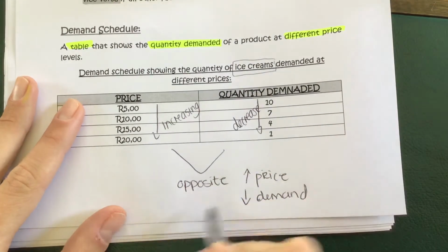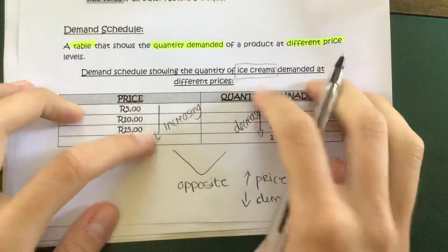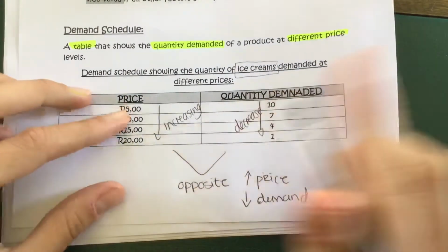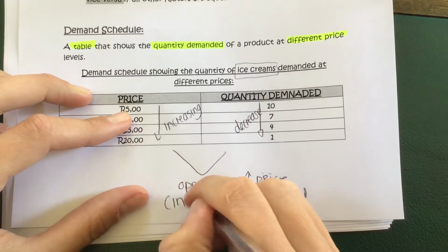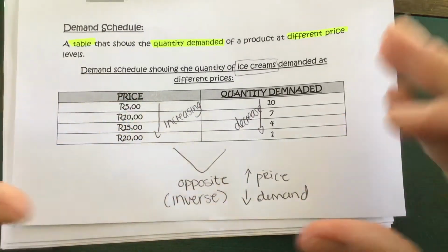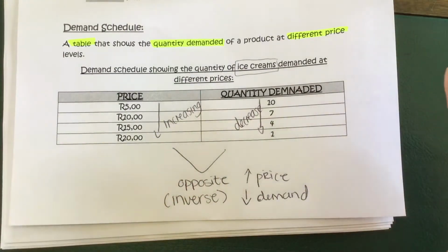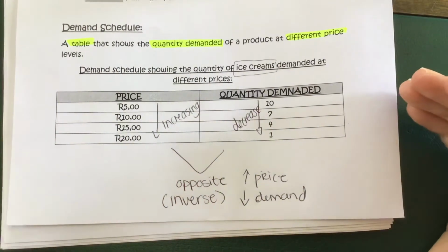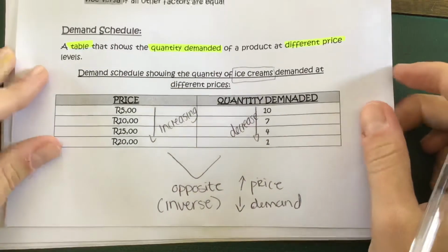Okay, now what we call this type of relationship here, this opposite relationship, we call it an inverse relationship. Inverse meaning opposite. And this is the law of demand. It says, as price increases, demand decreases.